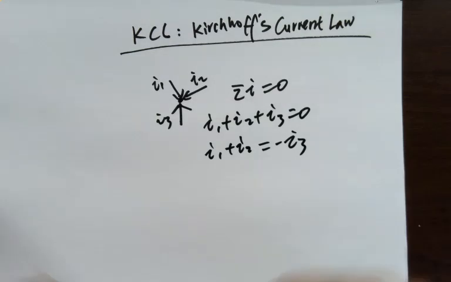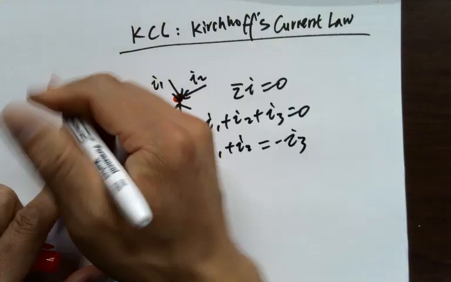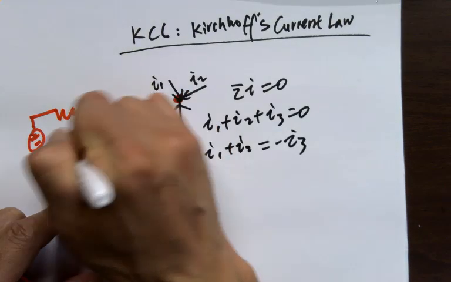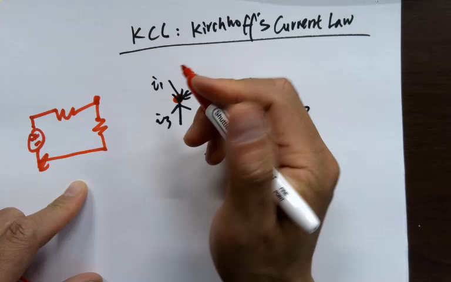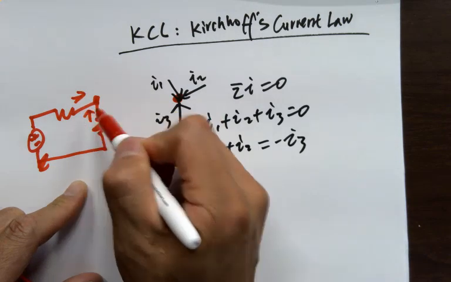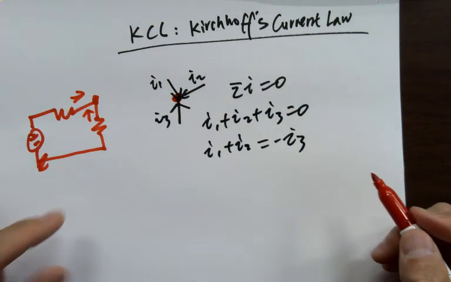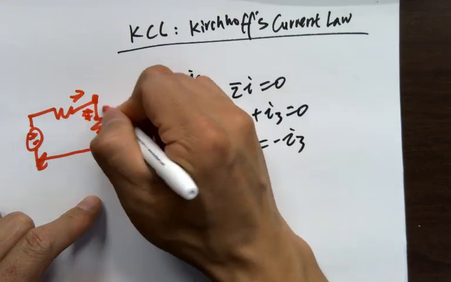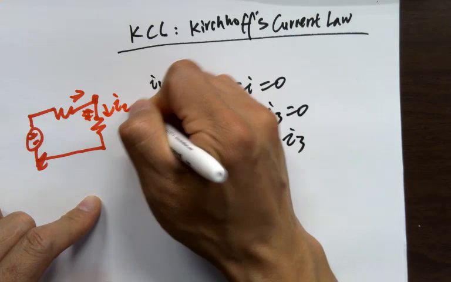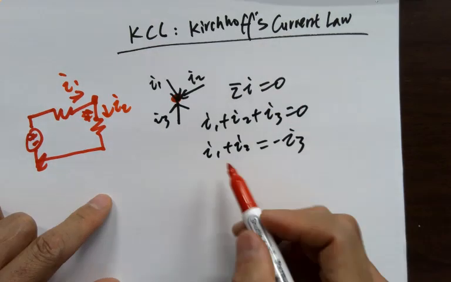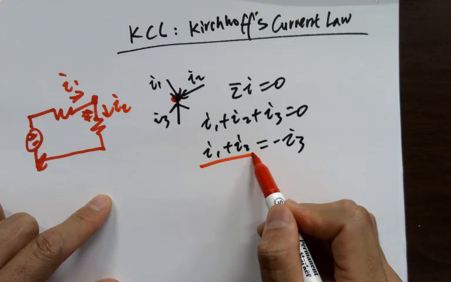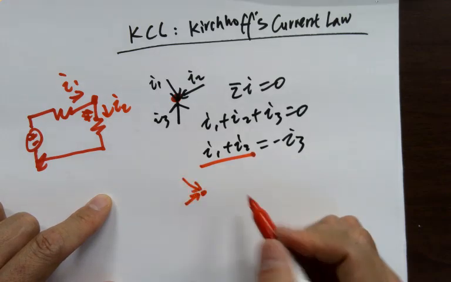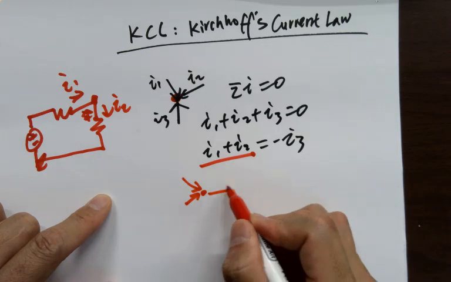If you look at the node, it could be any node in the circuit. Here's a node, right? So the currents flowing into it, if you add them together, are going to be 0. The reason for that is, if you flip one of the currents, the summation of the current flowing into the node equals the current flowing out from the node.